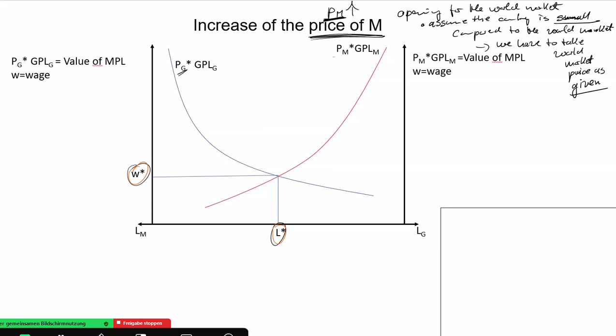Yes, you are totally right, because here we find the price, and maybe in starting it was 2 euros and now it's 3 euros. So, and now moving up qualitatively is okay. And if you look there, you find P times marginal product.